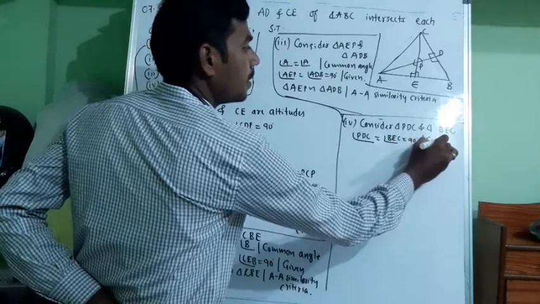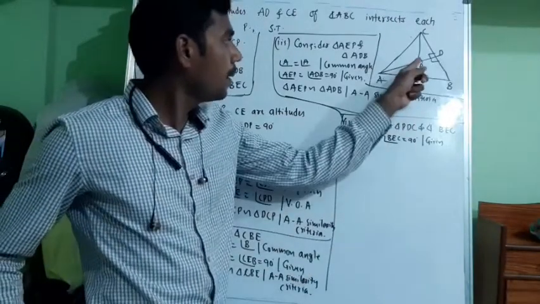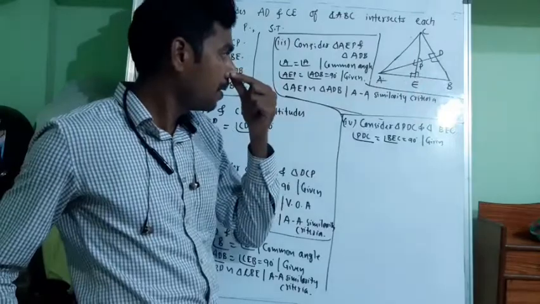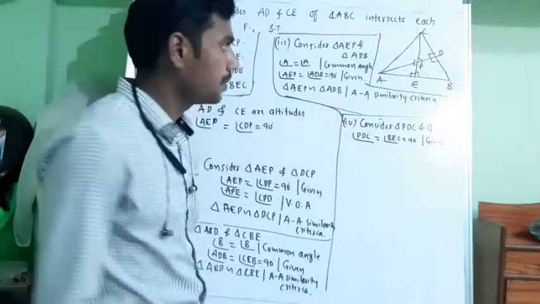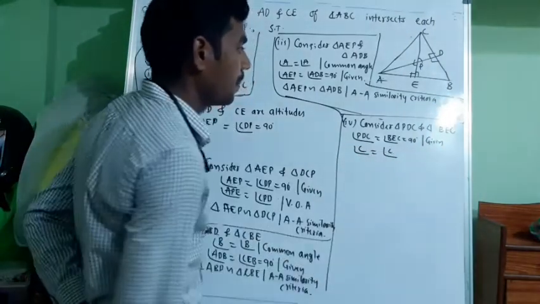It is given. Next, what is there? See, where is PDC? PDC. Where is BEC? BEC. So what is common in both the cases? Angle C is common. So angle C is equal to angle C.